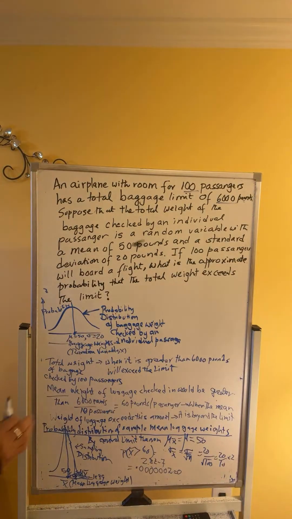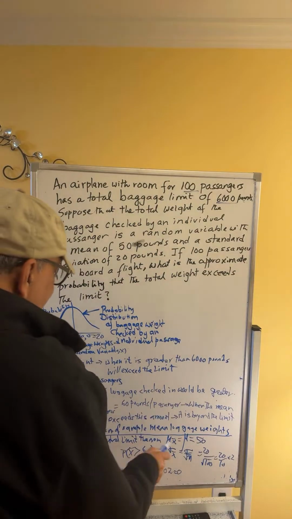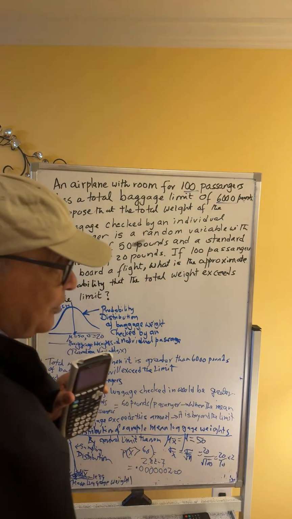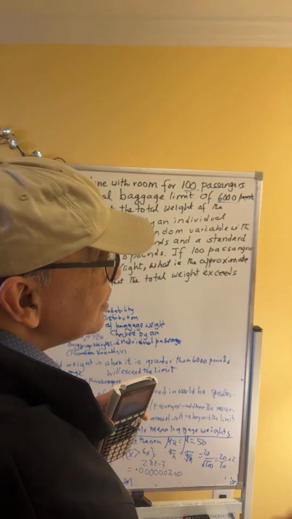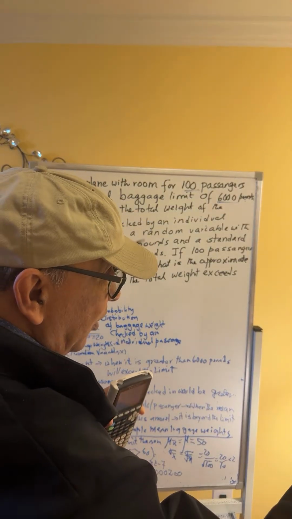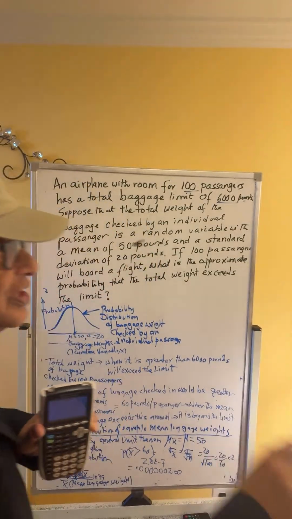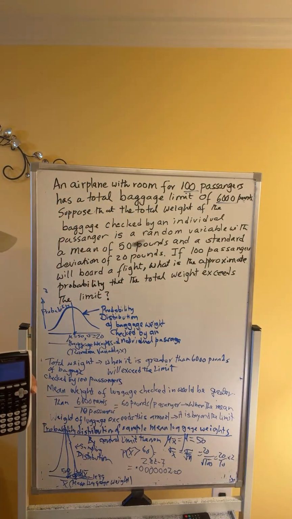So what people make a mistake of is to use an incorrect value for the sampling distribution standard deviation. It is the population standard deviation divided by the square root of the sample size.